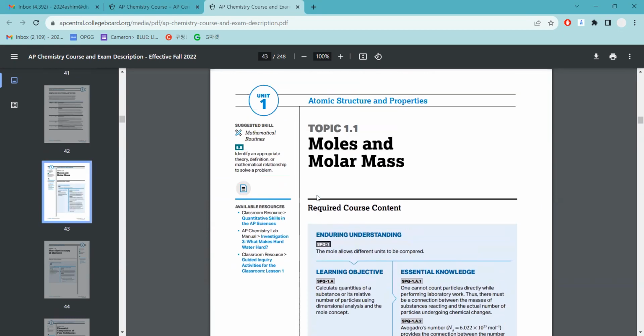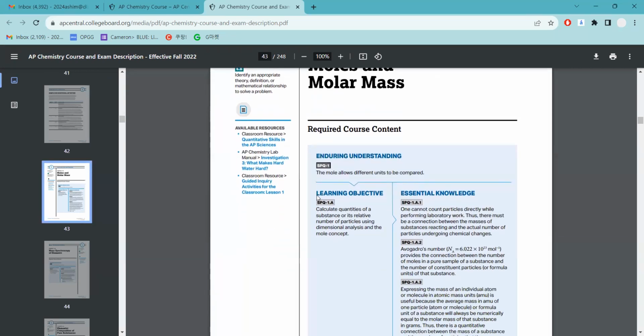The first one is topic 1.1, which is moles and molar masses. This unit is basically converting mass into moles and moles into mass, going back and forth. I'll be reading you the objective. The objective says to calculate quantities of a substance or its relative number of particles using dimensional analysis and the mole concept.